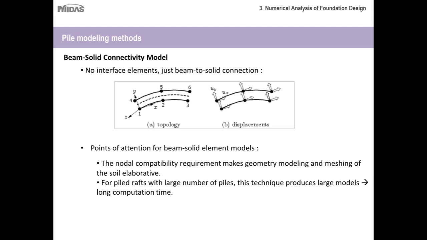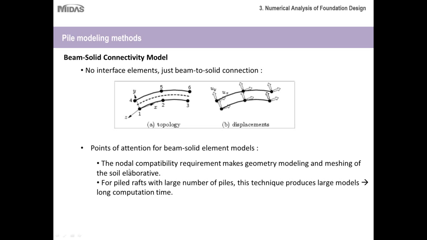Whereas in the previous example, where we had solid-to-solid modeling, it was too detailed in order to achieve that, and this is completely, I should say, ripping off the value of numerical analysis.